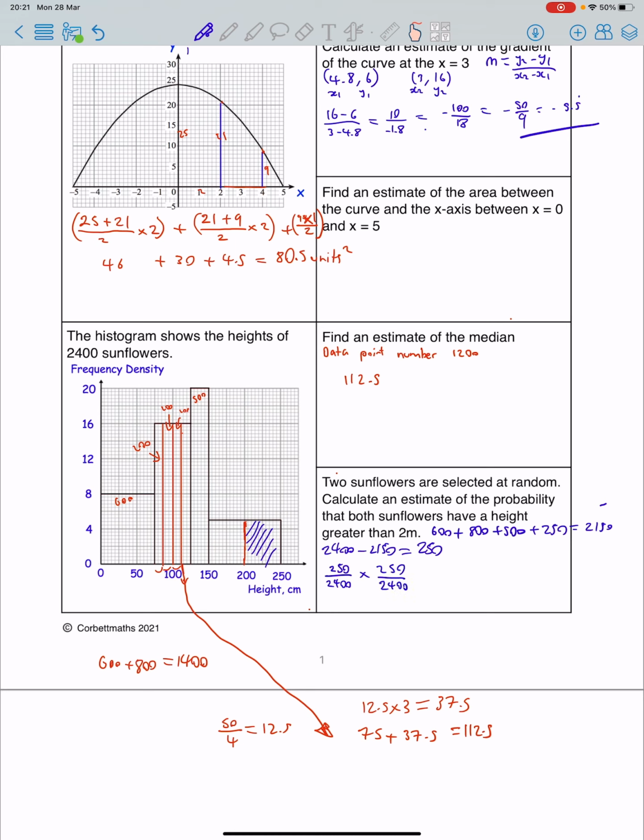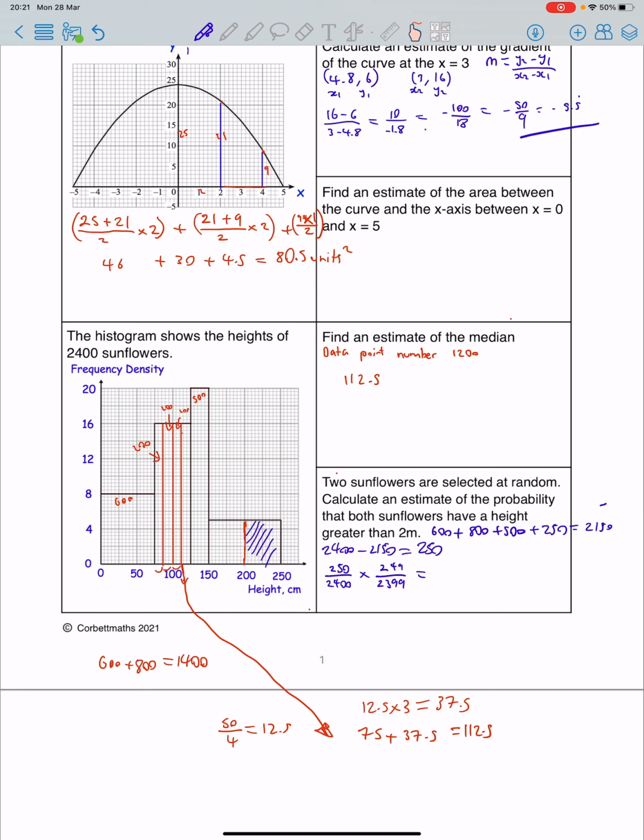However, if you've taken one sunflower out, then you're going to have one fewer sunflower that is above 2 meters. So that's going to be 249 out of, and it's also one fewer sunflower in total, so 2,399. Okay, so let's just calculate that.